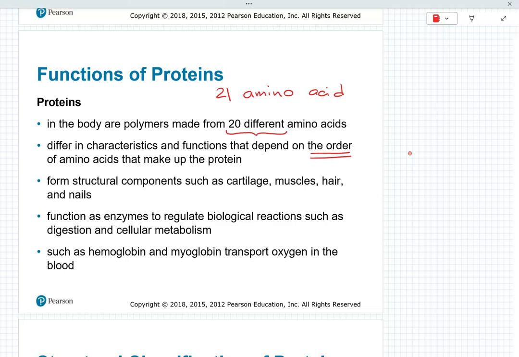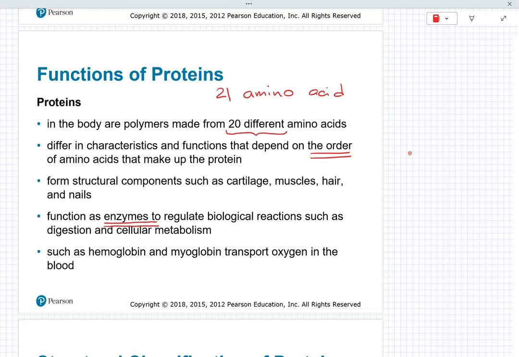The functions of proteins: hair, a big chunk of bone, cartilage, muscle. Structurally, we are, for the most part, proteins. Another really important function of proteins is enzymes, biological catalysts that can speed up certain biochemical reactions. They can transport gases and store them.